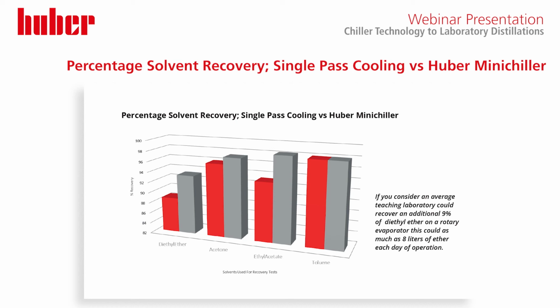Now if we look at toluene, toluene requires a lot of energy to get it to boil across because it boils at about 110 degrees. Anyone that's ever done azeotropic distillations knows that you can normally drag water with it. That's how much energy you've got to put in. So actually, in this case of the application, single pass cooling does give you the same recovery rate as a Huber chiller.